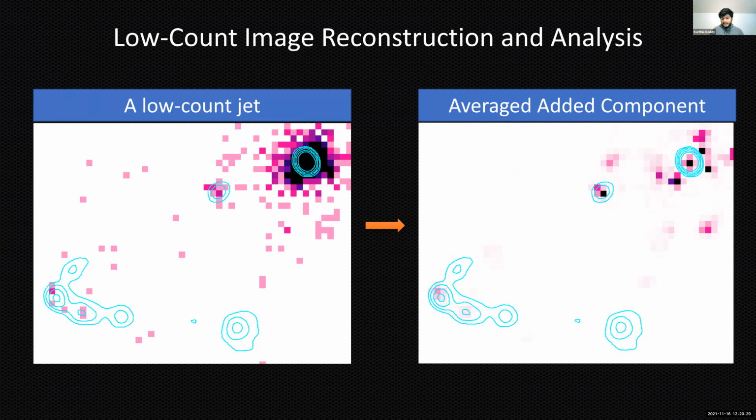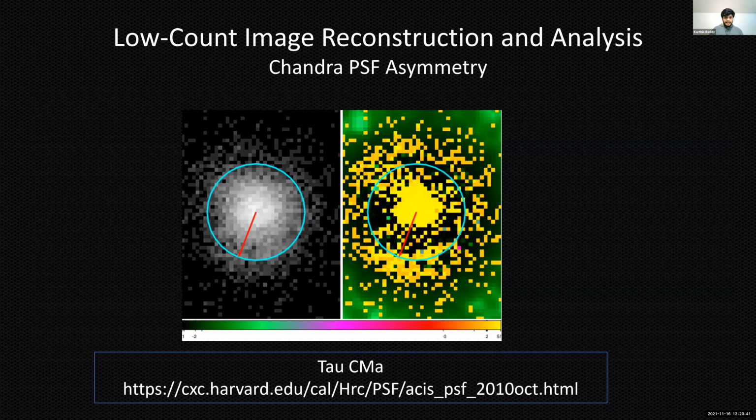Now, before talking about computing an offset, we also need to align the radio and X-ray cores to measure these relative offsets. There is a known asymmetry in the Chandra observations. So this is one example where the observation is subtracted with a simulated PSF, and then the residual shows excess emission in a specific direction, and this residual is about 5% of the total flux in the core.